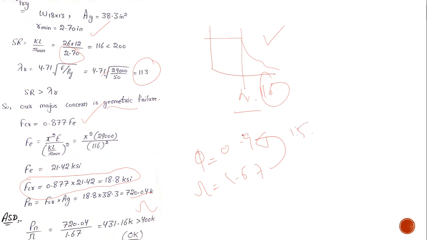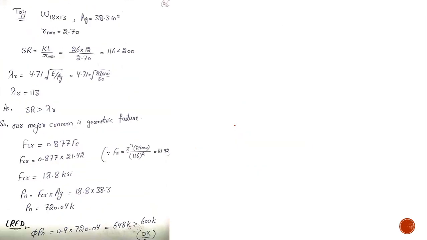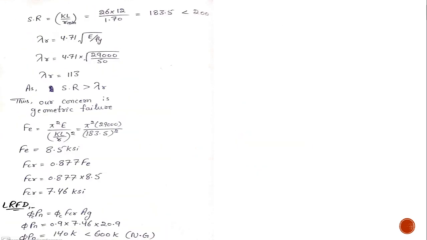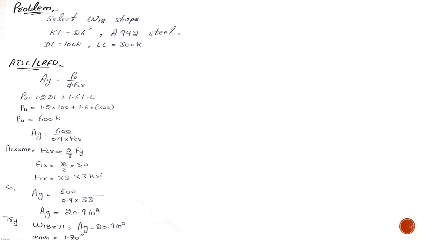So it's a very easy lecture, and it's very easy to design. The only point which is very valuable or noticeable is this: you don't know what Fy would be, although it's given that it is 50 ksi.